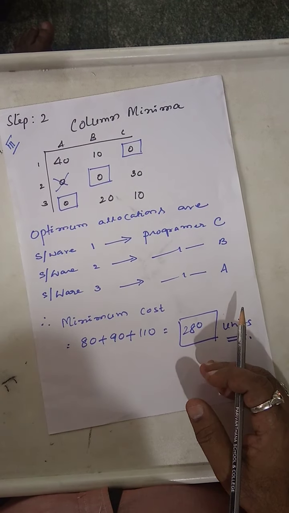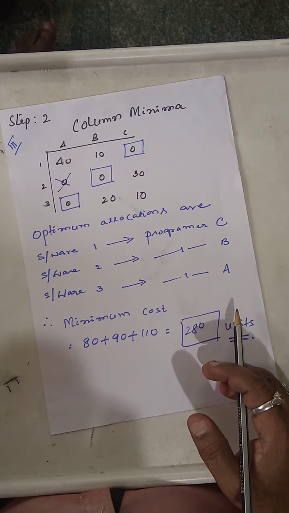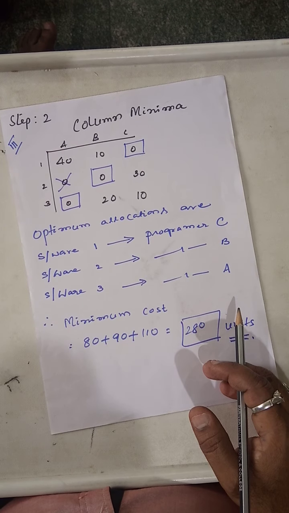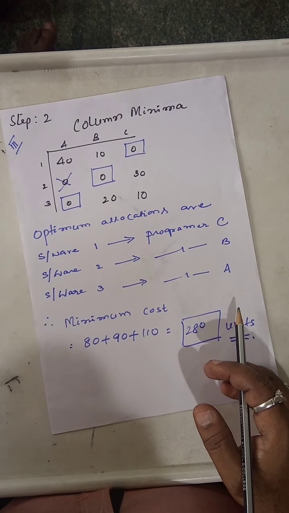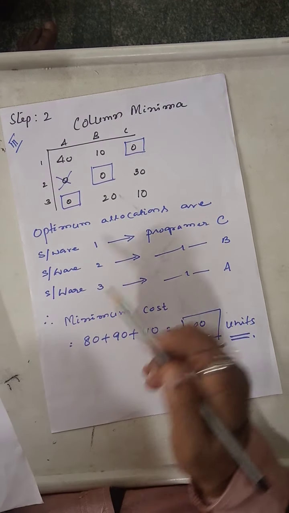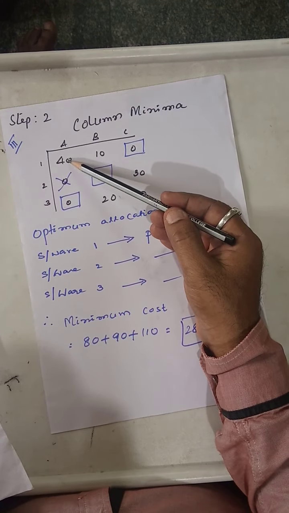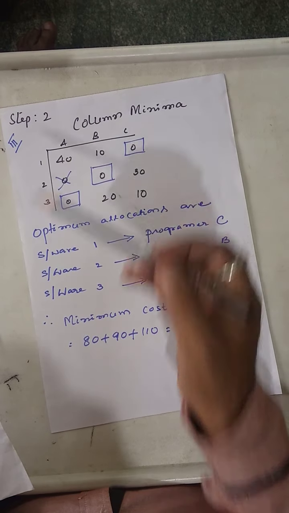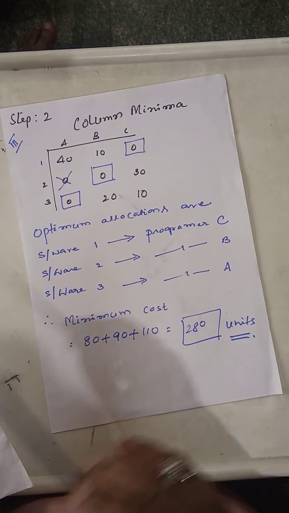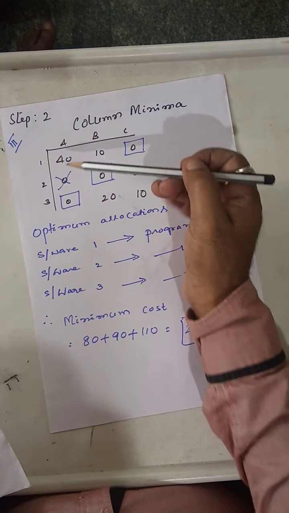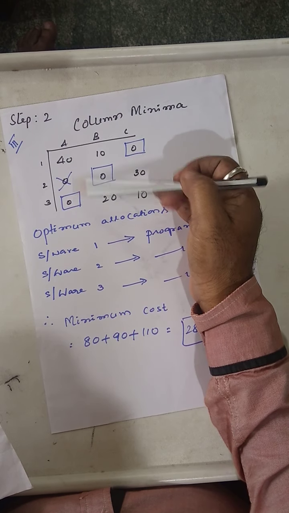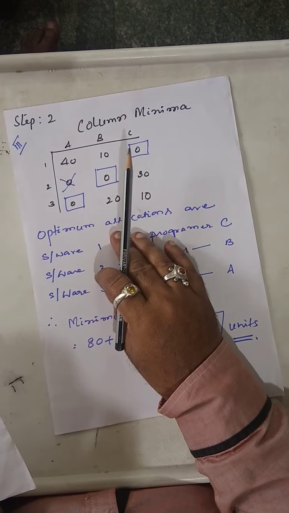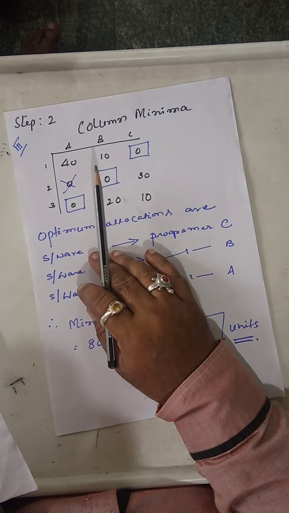And going for step number 2, it is column minima operation. The column minima operation is a continuation of your row minima. Now go with the first column. The first column says 40, 0 and 0. 0 is the minimum. There is no change in this column minima.